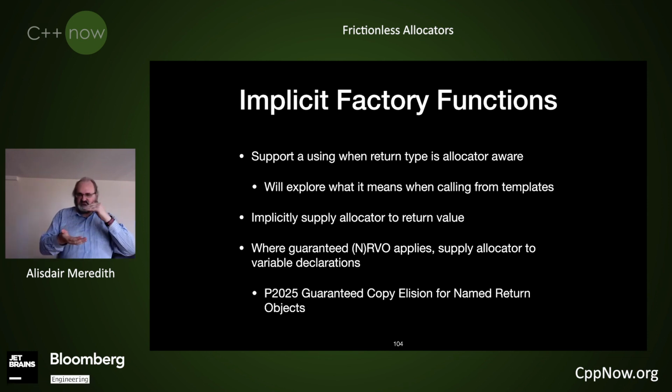If I can see that each return chain is distinct, I can still apply the named return value optimization. If I can guarantee that in the language, that again becomes something we can hook onto: in that factory function, when I see that the guaranteed copy elision kicks in, that's again a place to say when I construct that object, I will implicitly supply the correct allocator there.